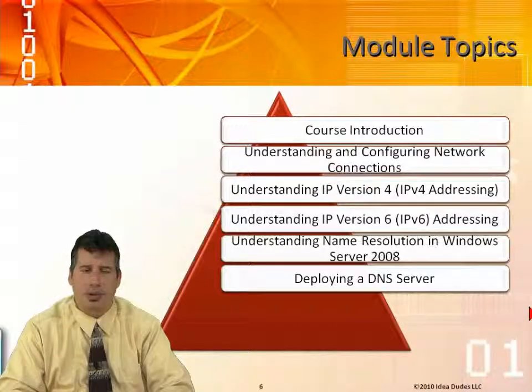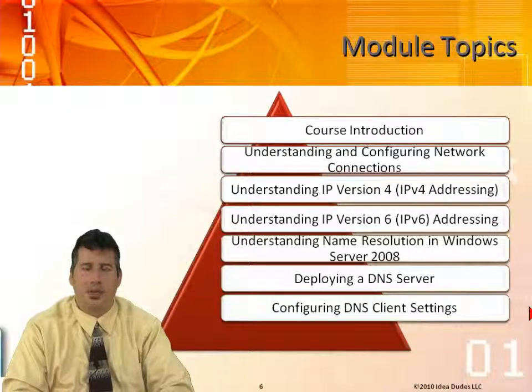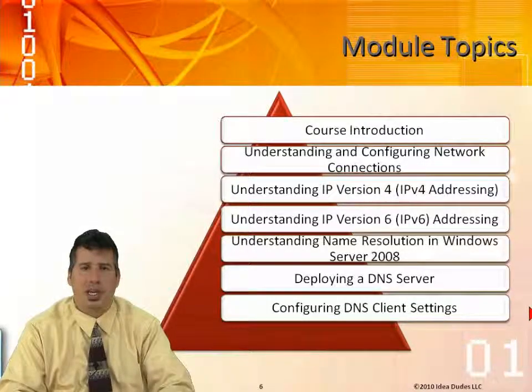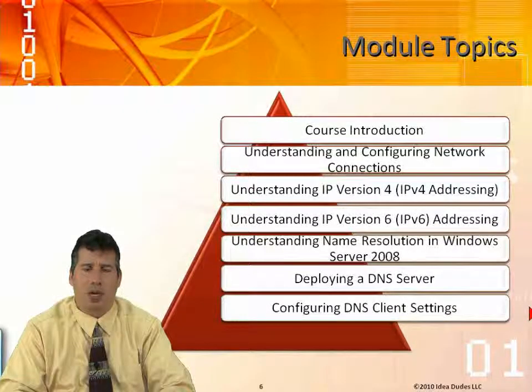Deploying a DNS server. We'll go through the installation process, talk about all the different things, Active Directory integrating the DNS server, making it more resilient. And then configuring DNS client settings so we can actually use DNS. So our primary or preferred DNS server that's going to be controlling our whole environment, and also our alternate DNS server, and how we can control the suffixes and how things are working.